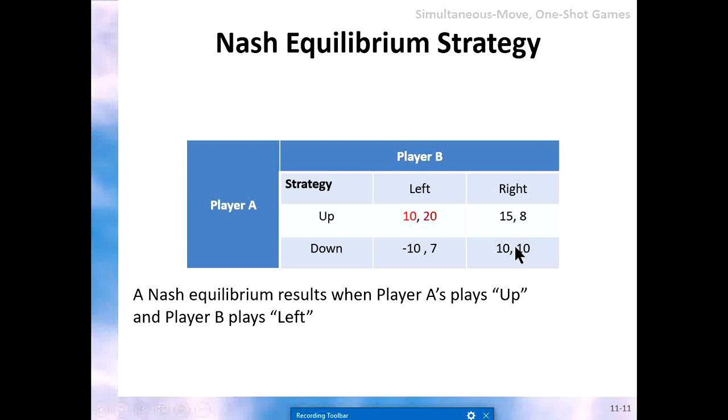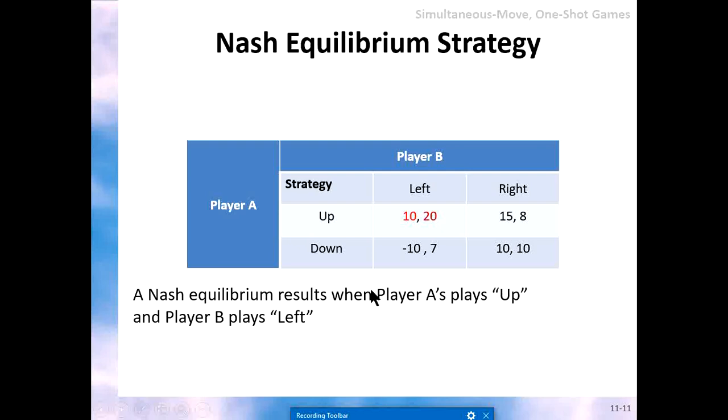He can change his decision by playing up, and therefore he gets 10 or 15. So when he plays the up strategy, he has no incentive to change to the down one.